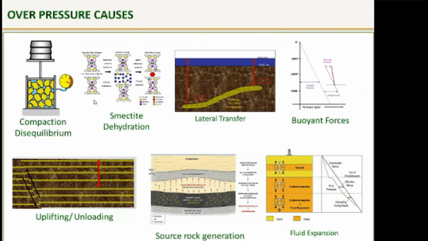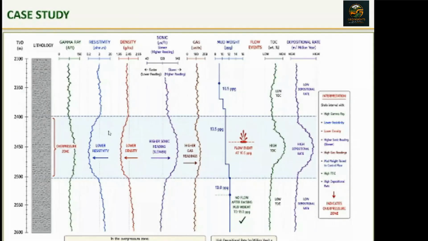So when we tried to get back to the overpressure causes and analyze the main reason resulting in the overpressure zone, we found after analyzing the TOC that this section is high in TOC, and after doing the 1D depositional model and the burial history, we found that it's a high depositional rate along this section.